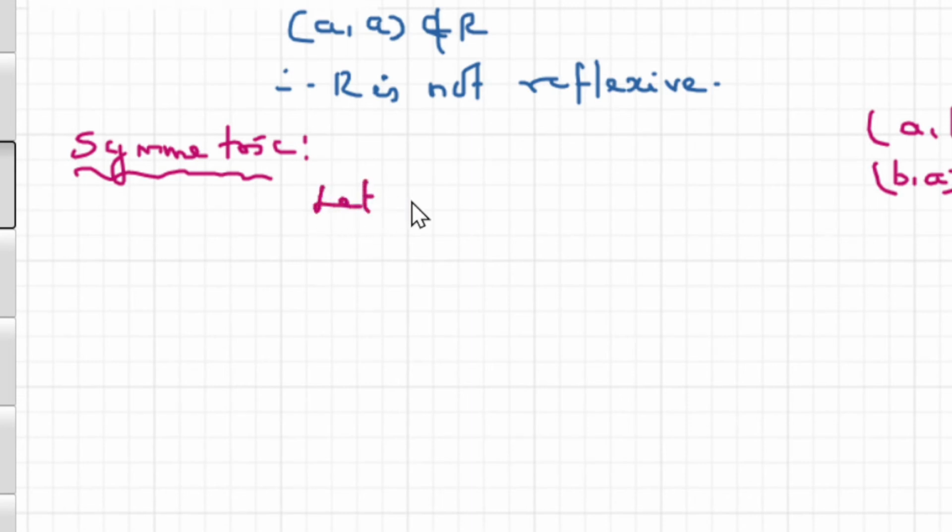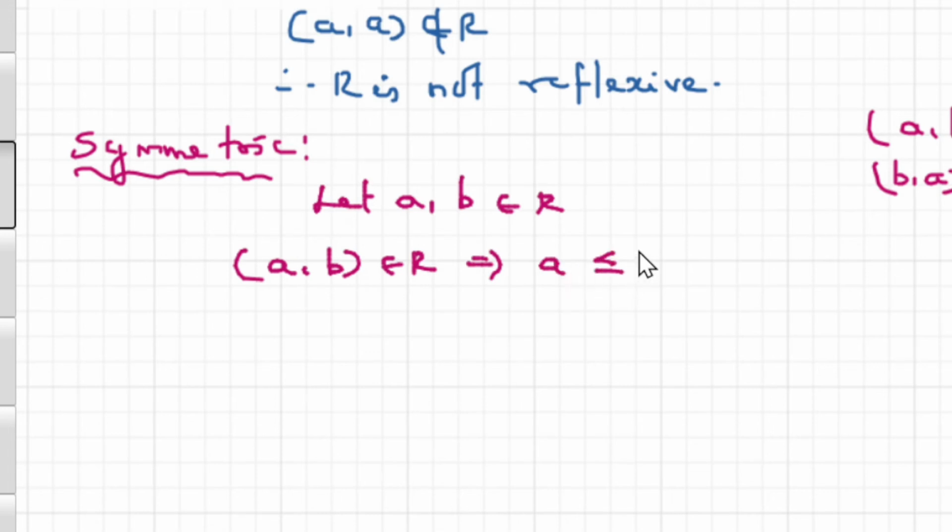Let us take two elements (a, b) belonging to R. Then this implies a is less than or equal to b cube, the given condition. If we reverse this, b less than or equal to a cube is false actually.